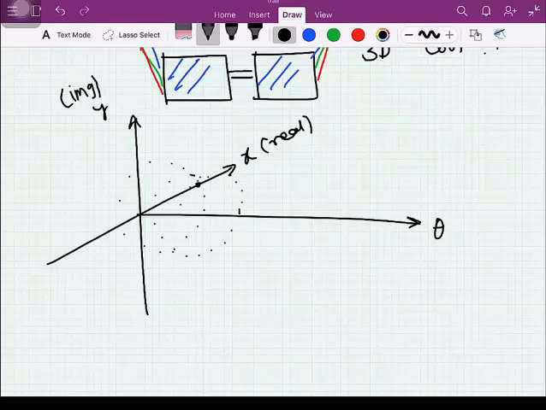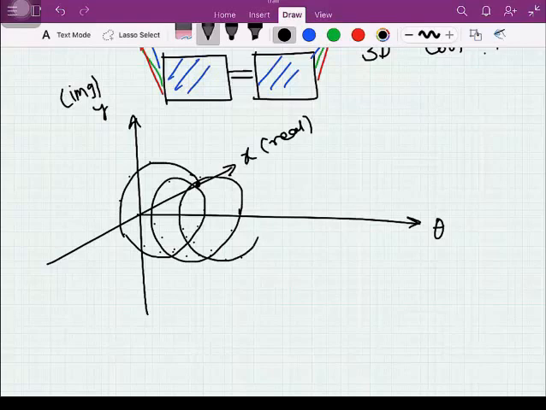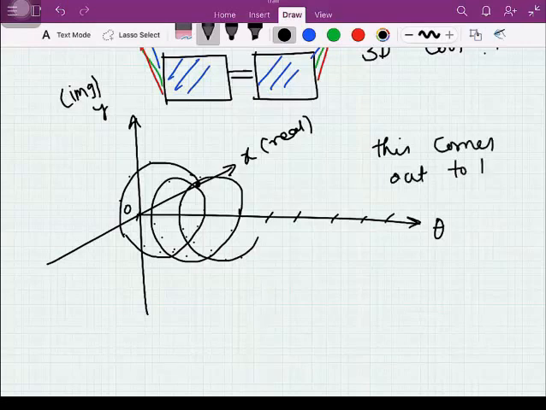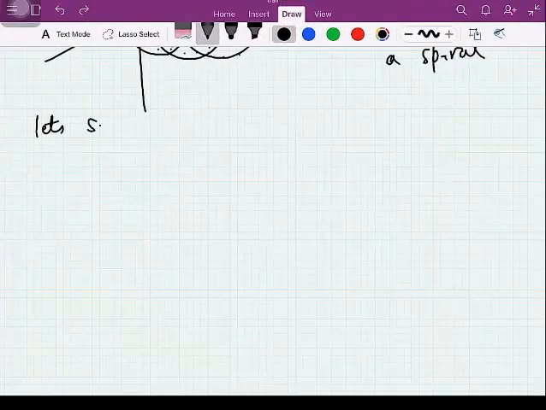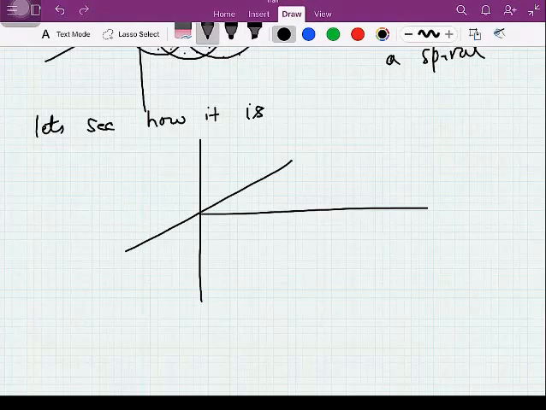And as we have seen, for various values of theta, you can expect this kind of structure. It comes out to be a spiral. All you need to do is apply the basic understanding of how to plot a complex number. The additional thing that we have added is theta. So let us take some values for theta. For theta equal to 0, we get the real number 1.